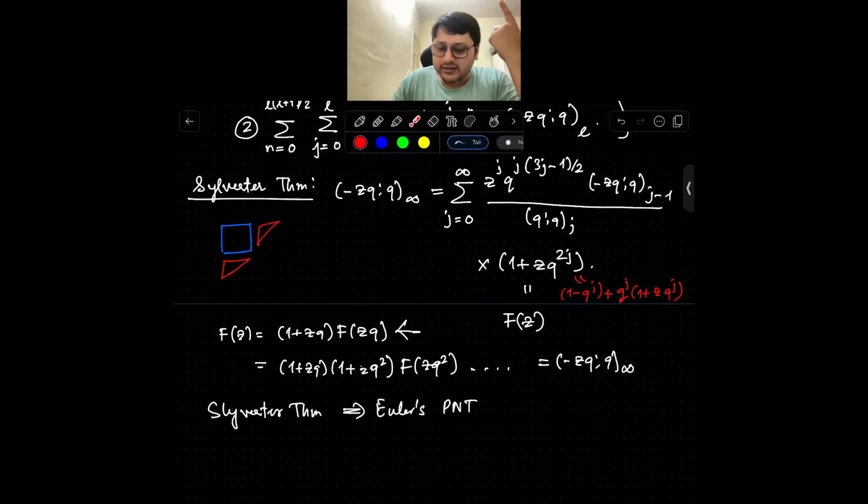The only thing to take care of is how these things change. If you set z equal to -1, many factors in the numerator and denominator will cancel out. I think only one factor will remain in the denominator, and that will cancel out with something here. Just take a look. So Sylvester's theorem implies Euler's pentagonal number theorem if you set z equal to -1.